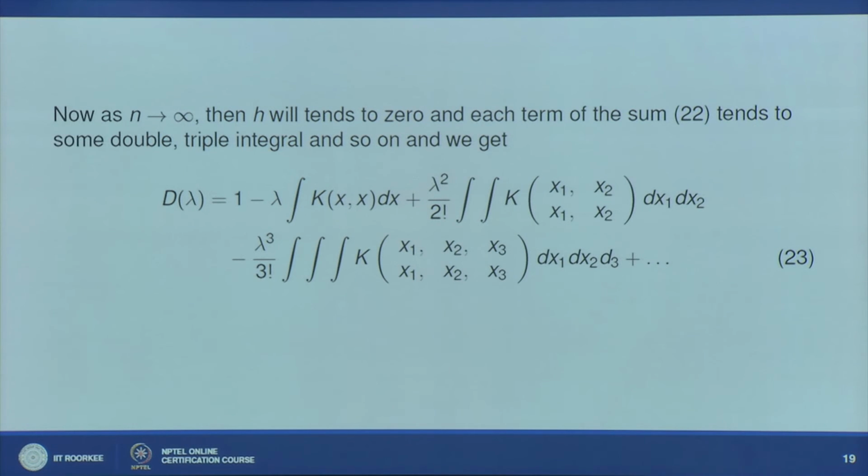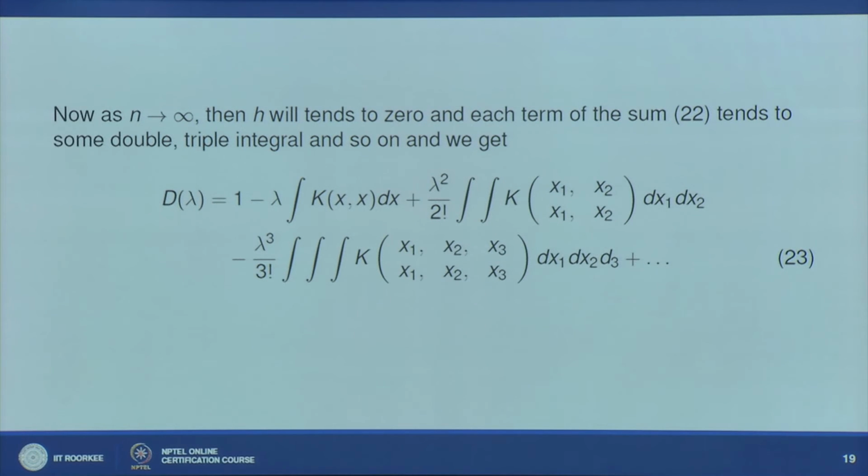Now what is this n? We have partitioned the interval ab into n equal parts, and we write x1 as a, and xn as a plus (n minus 1) times h, which is given as b.